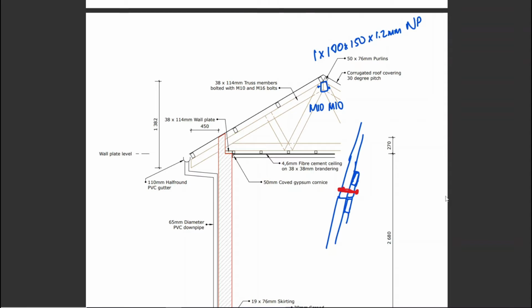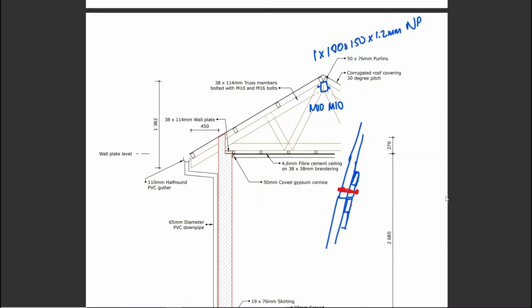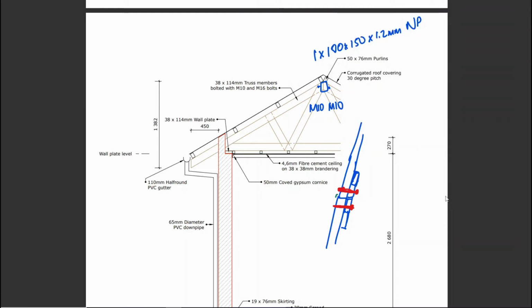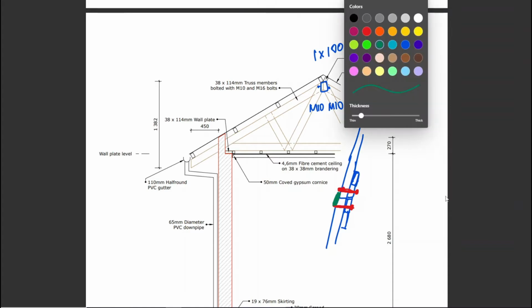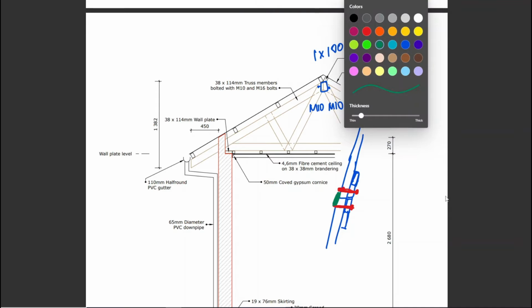And since there's no overlap, you're going to have to use a nail plate. Okay. If there was an overlap, you would have a very tricky time calculating how long this bolt needs to be. It would be really long. But in this scenario, it's actually 2 bolts and a nail plate. Right? Nail plate on that side. And that is that. Probably put a nail plate on both sides, but anyway.